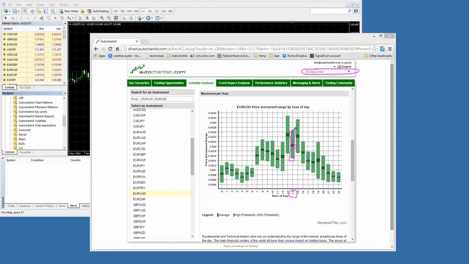That's on average. Within 67% probability, which is what we call in statistical terms 1 standard deviation, we're expecting the price of Euro USD to be somewhere between 15 pips and 26 pips.